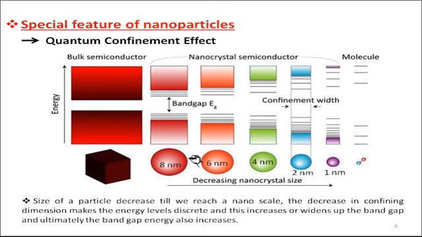And if you reduce the particle further to 6 nanometer, then 4 nanometer, then 2 nanometer, 1 nanometer and finally to the molecular level, you can see the gradual increase of this band gap.